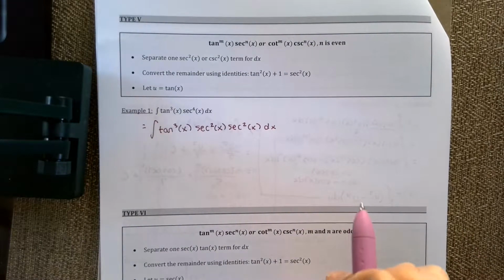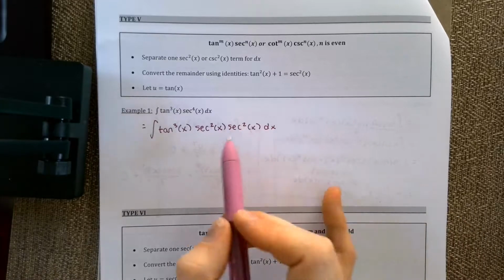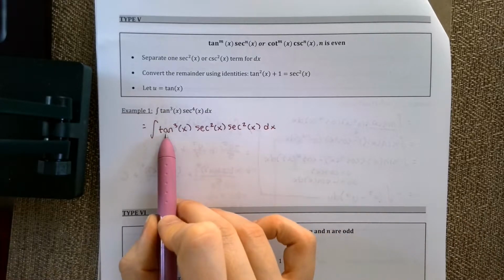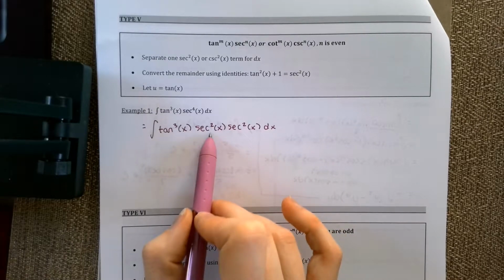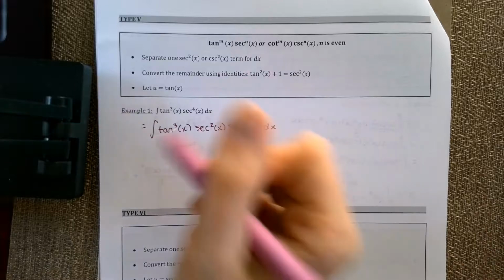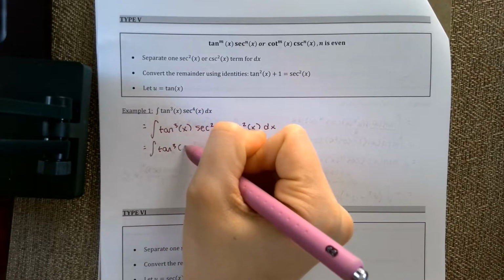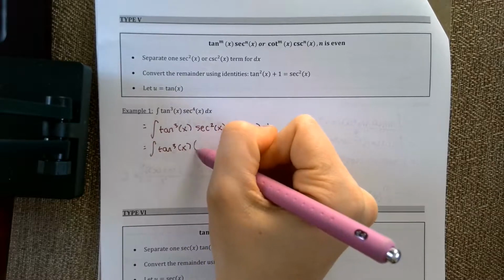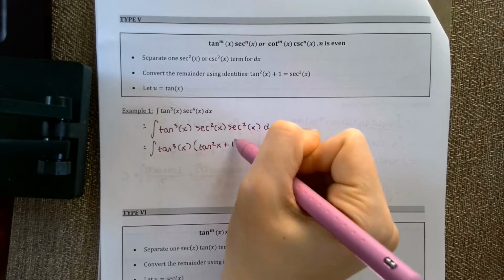Okay, so I almost want to do the u sub, because I know that if I let u equal tangent, du will be secant squared dx, but I need to get rid of this secant squared. So in order to get rid of this, I'm going to use another trig identity, the fact that secant squared is equal to tangent squared x plus 1.